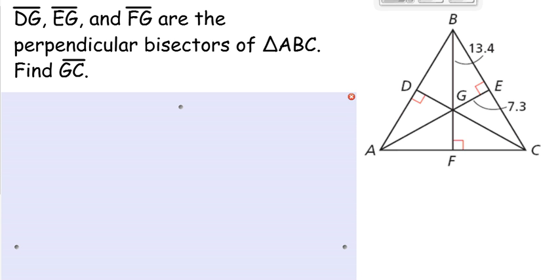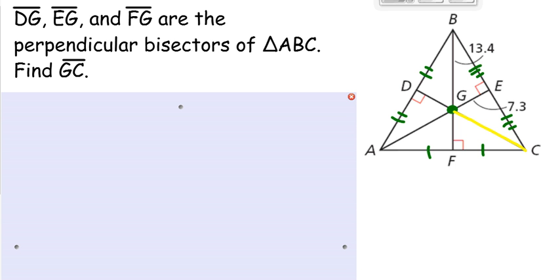All right, first example: DG, EG, and FG are the perpendicular bisectors of triangle ABC. So perpendicular bisector means that's congruent. Those are congruent. And finally, these other two sides are congruent. This is the circumcenter. So it says find the distance of GC. I'm trying to find GC.